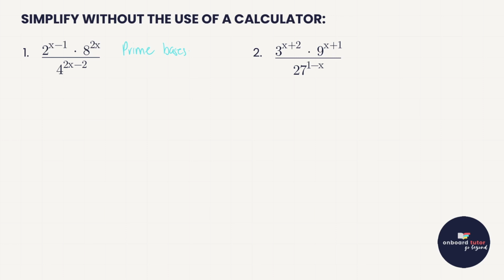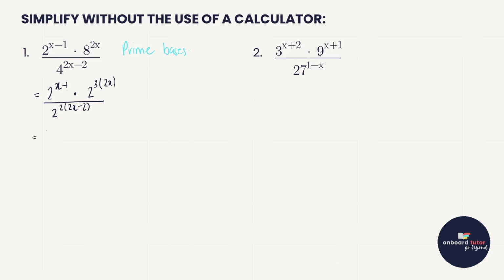We can now rewrite this. So 2 to the power of x minus 1, 2 is already a prime number, so we can leave it as that. Multiplied by 8, we can rewrite 8 as 2 to the power of 3. And that is going to be raised to the power of 2x. And finally, in the denominator, 4 can be rewritten as 2 squared, and that is going to be raised to the power of 2x minus 2.